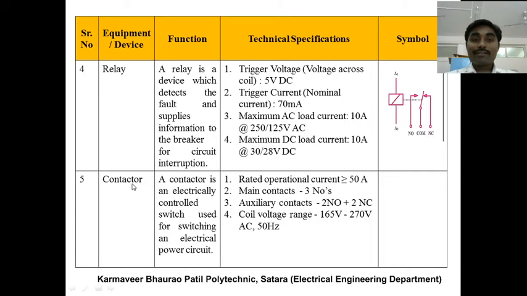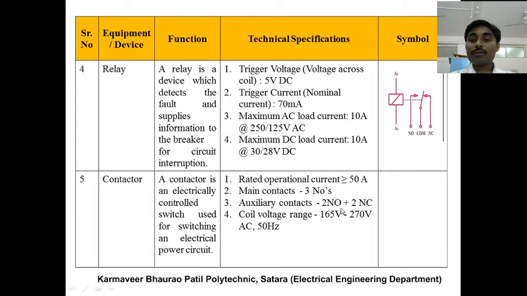The next equipment is the contactor. A contactor is an electrically controlled switch used for switching electrical power circuits. The contactor specifications are: rated operational current greater than or equal to 50 ampere. Main contacts: there are 3 main contacts, as per its general specifications.